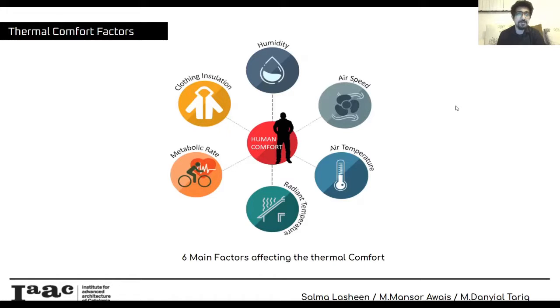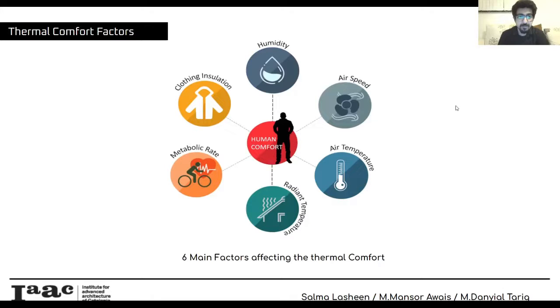An example of radiant temperature would be the laptop. A person can feel warmer because of the laptop. That is very local to the place. And then metabolic rate, what type of activity the person is doing.